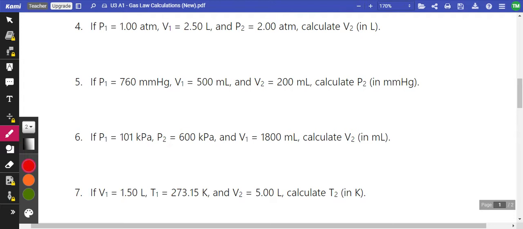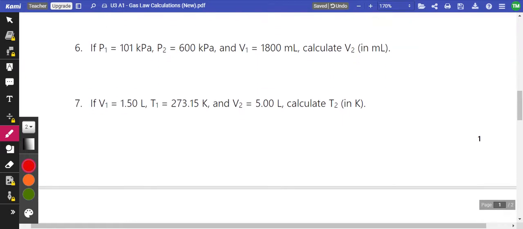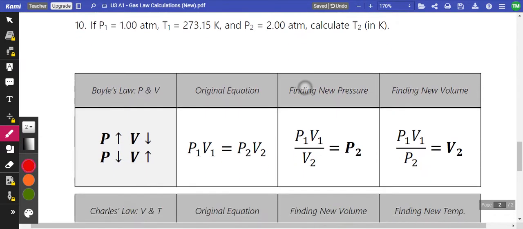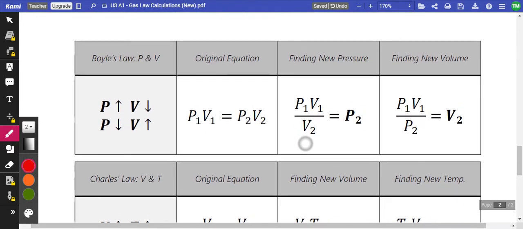Well, I need an equation that has both pressure and volume involved. Temperature is held constant, so I don't want any T's in my equation. I also want to make sure that I've got V2 alone, since I want to find V2. If I've got pressure and volume and no temperature, that's definitely going to be Boyle's law.